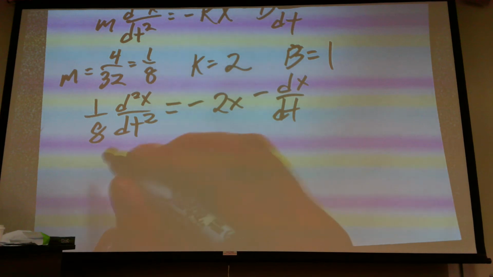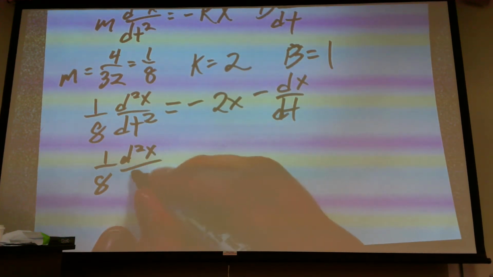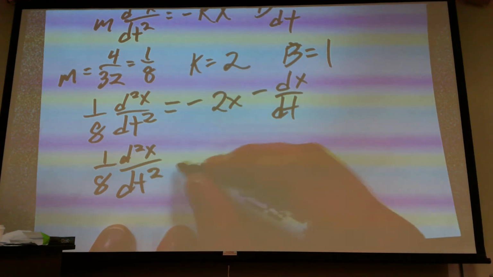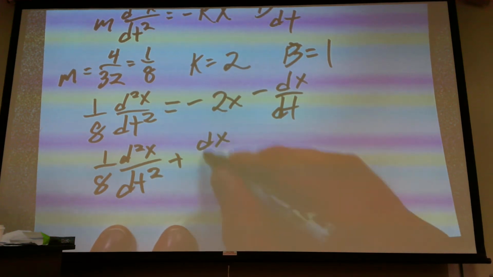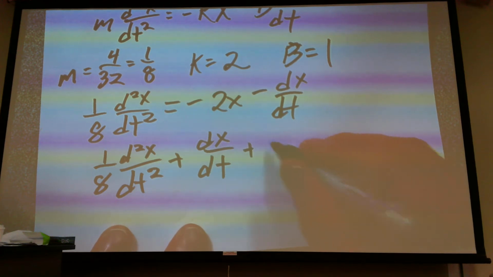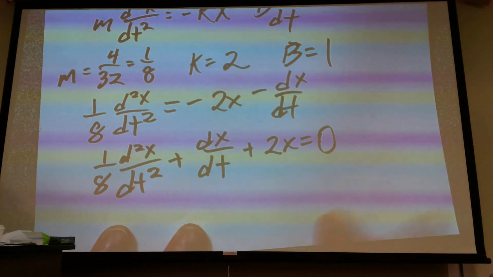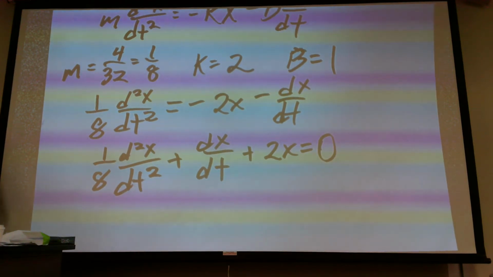So we have 1 divided by 8 times the second derivative of x with respect to time, plus dx/dt, plus 2x equals 0. But we're not in standard form yet because I don't want that 1 over 8 right there. I can't use the auxiliary equation at this point. So I'm going to multiply everything by 8.